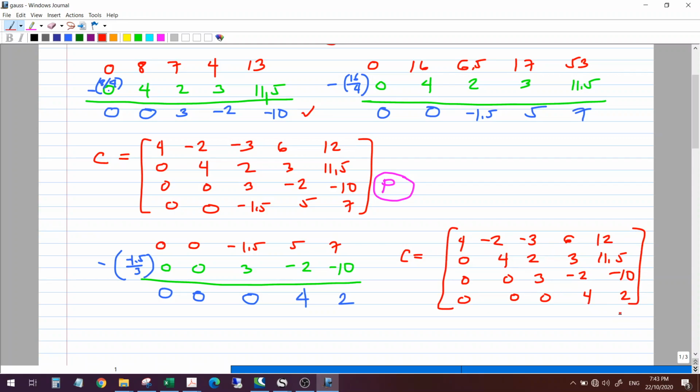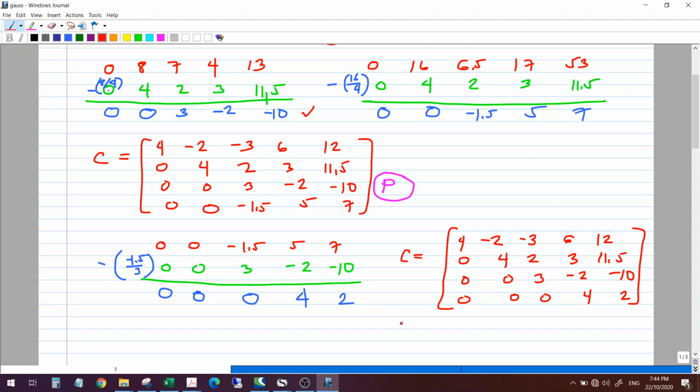So as you notice, we are now able to transform the original matrix into an upper triangular matrix here. The left side of the equation is now in an upper triangular matrix.